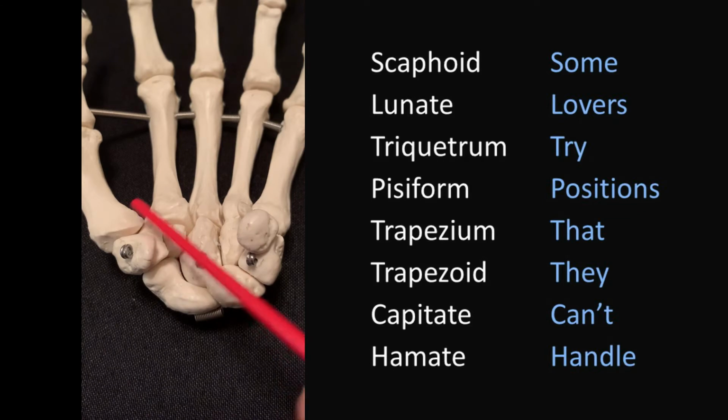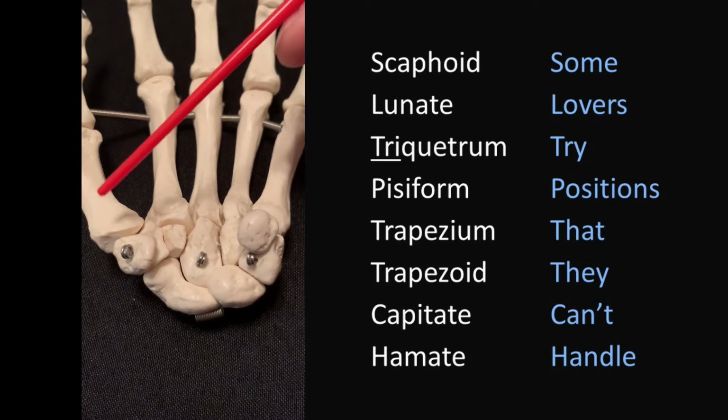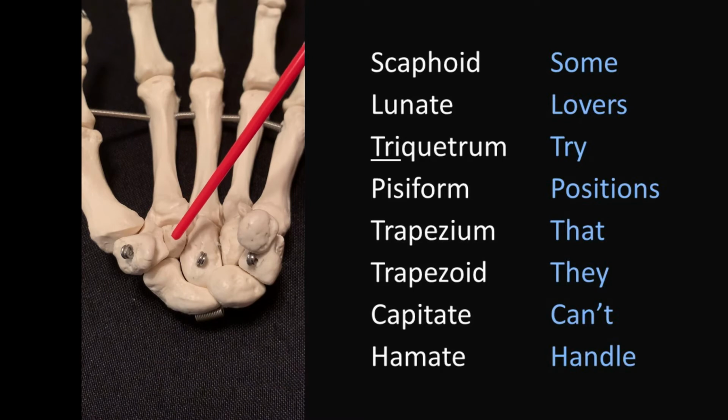So you can always remember that. Now, to tell the difference between the triquetrum and the trapezoid, recall some lovers try triquetrum positions that they can't handle. Trapezium, trapezoid, capitate, hamate.